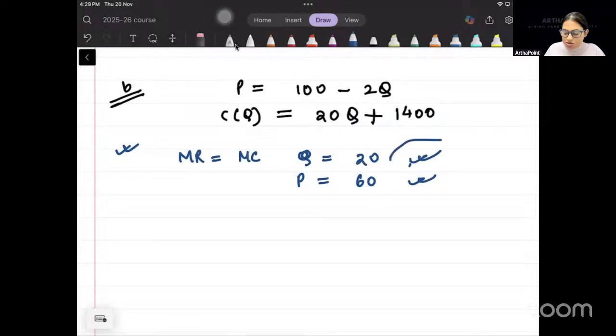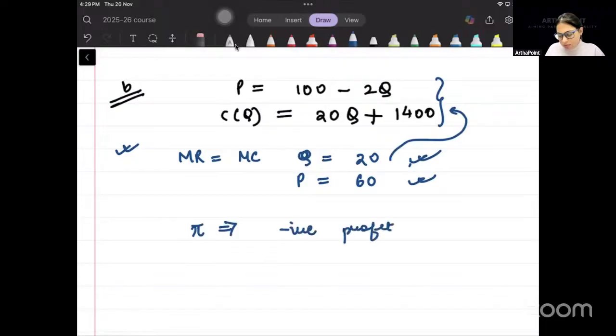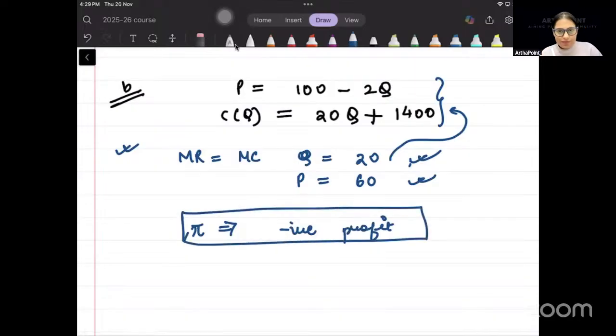But tell me something. When I put this quantity in my profit function, I am getting negative profit. If my profit is negative, is there any reason I should operate in the market? I will not operate. I will operate only if my profit is positive. Negative profit, I don't want to operate.